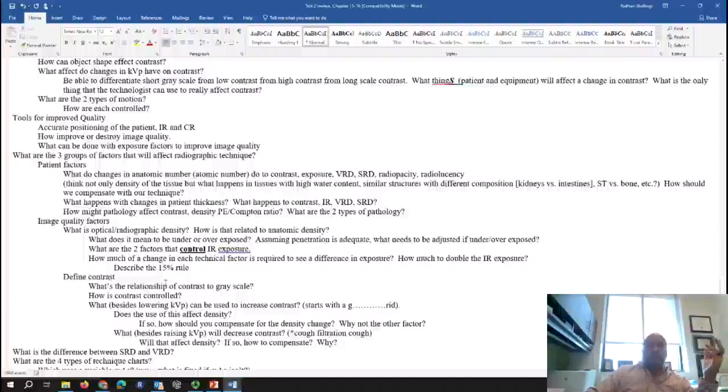Define contrast, we've done that. How is contrast controlled? That's your computer algorithm. Some things that might slightly influence would be to use a grid, to collimate, make sure that you collimate.